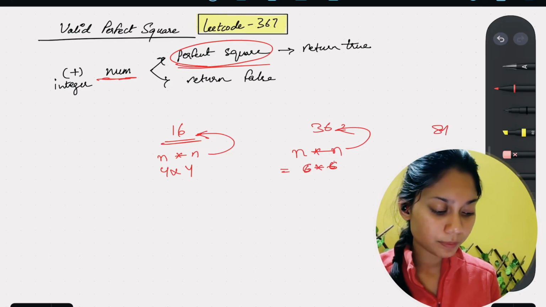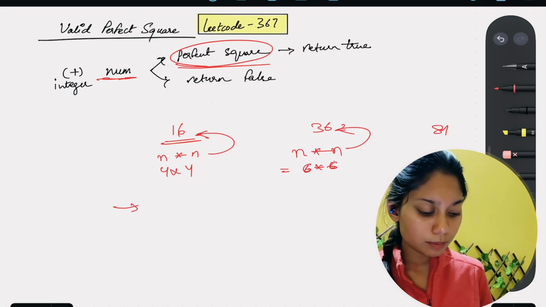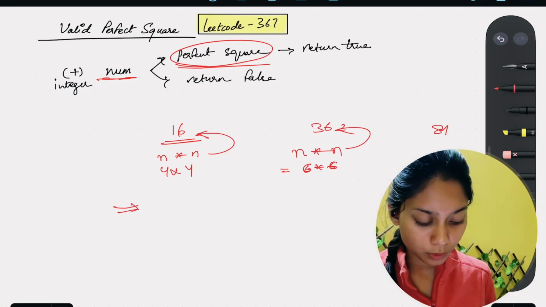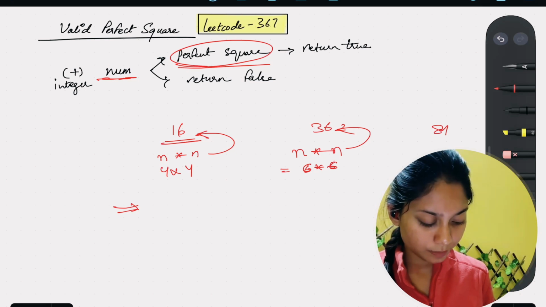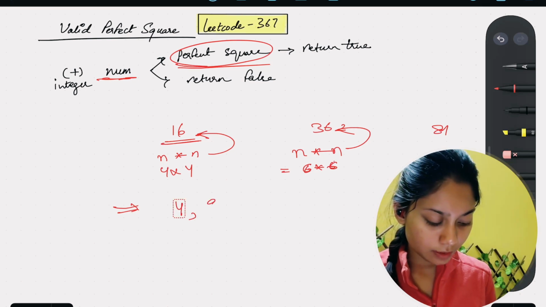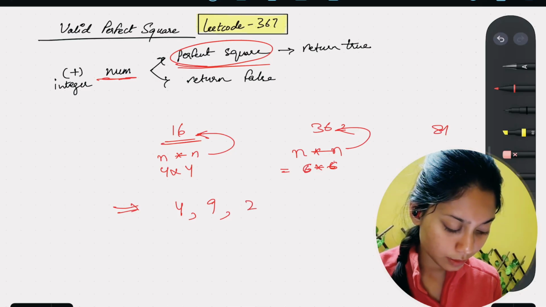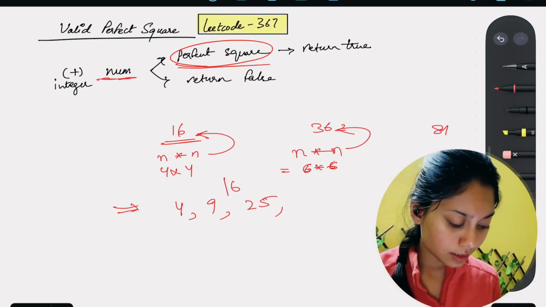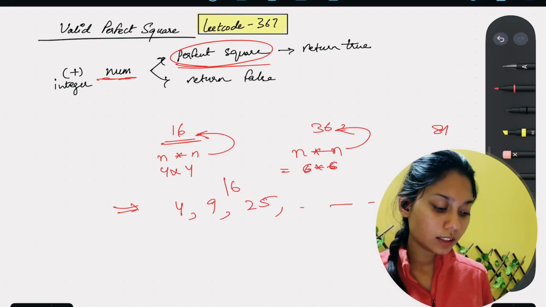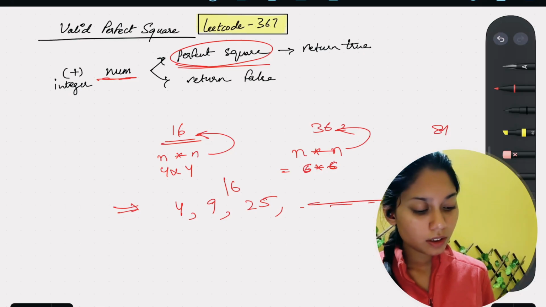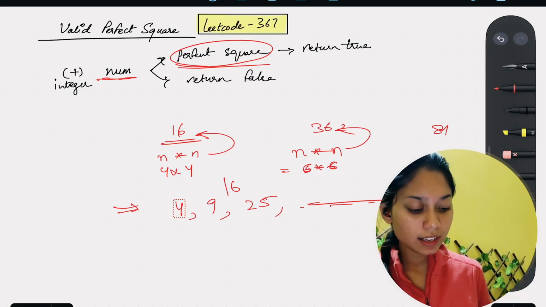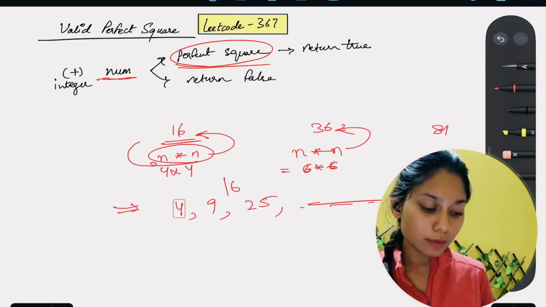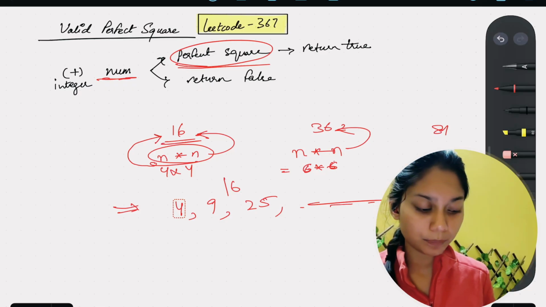Similarly, 81 and all the perfect square numbers, for example, we have 4, and then we have 9, then we have 25, and before that we have 16 as well, and so on, and the list goes on. So a perfect square number is such that there has to be a number that when multiplied by itself leads to that number.